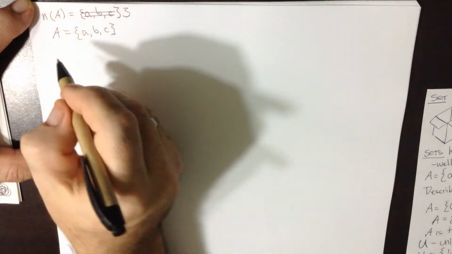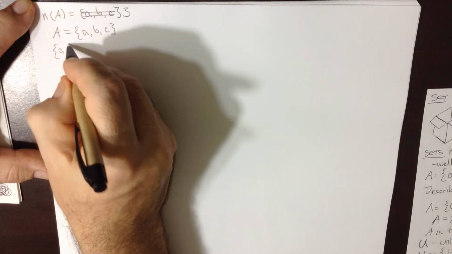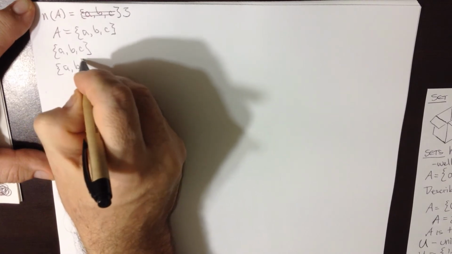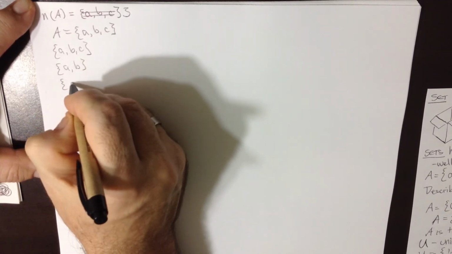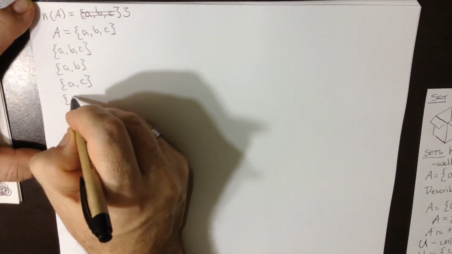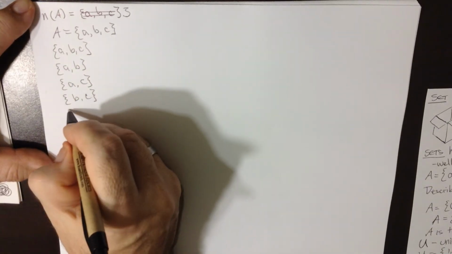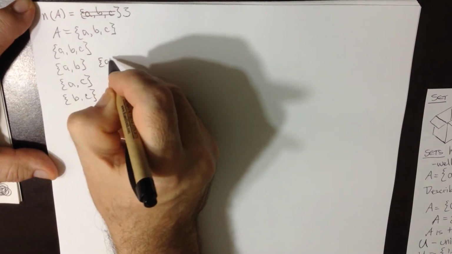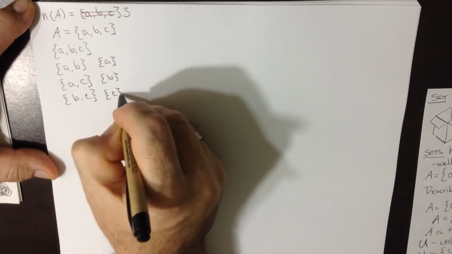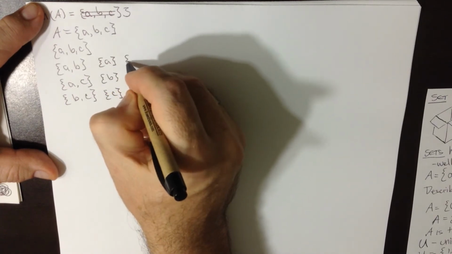So the number of subsets is going to be, well, you can have the whole thing. Or you could remove one element. We could remove C, we could remove B, we could remove A. So size 3, size 2, size 1 would just be A, B, C, and then size 0, the empty set.